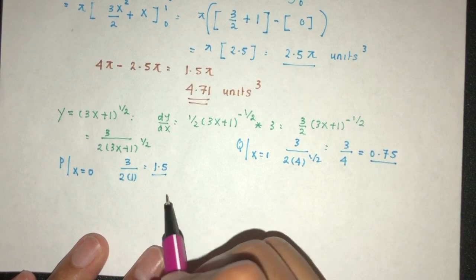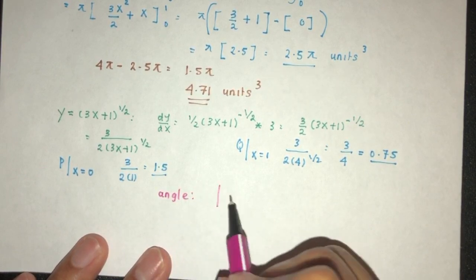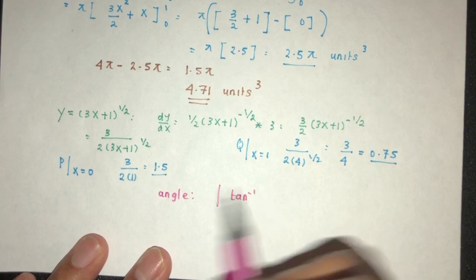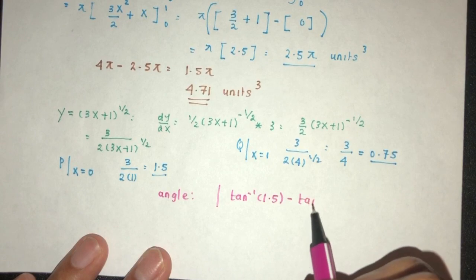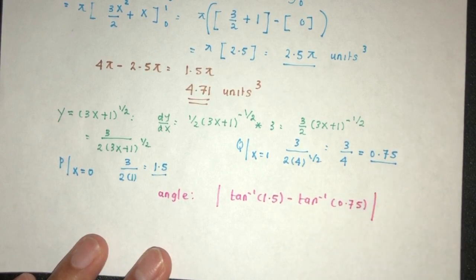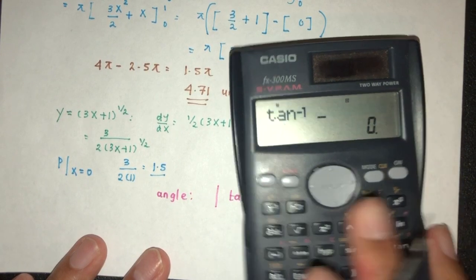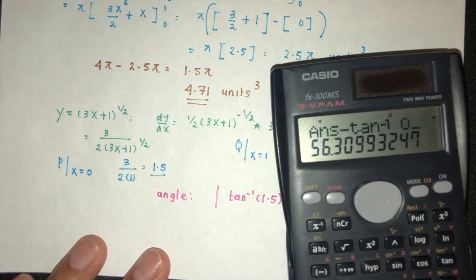So again, the angle at first will be what? Modulus of tan inverse of one of them, let's say 1.5, minus tan inverse of the other one. So tan inverse of 1.5 minus tan inverse of 0.75.